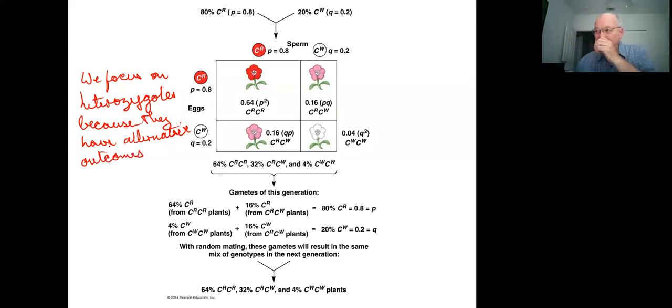Being heterozygous, they can either supply the CR allele or the CW allele. Homozygotes are not going to affect the outcome because they are only ever going to pass on the one allele that they have. So those that are homozygous for red would pass on just the CR allele. Those that are homozygous for white are only going to pass on the CW allele. That's all they can pass on.